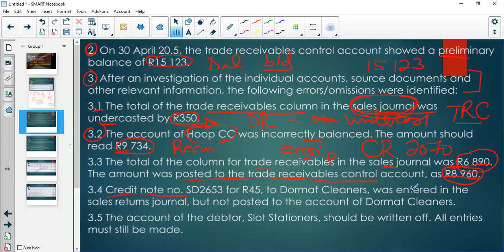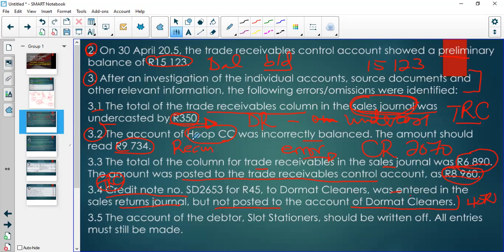So you see this was entered in the sales returns journal. So our trade receivables control is constructed from the sales returns journal, sales journal, and cash receipts journal, plus a bit of the general journal. So our trade receivables control is okay because this was entered. The problem is that it was not posted to the individual account of Doormat Cleaners. So we need to remember that this is going to go to the reconciliation.